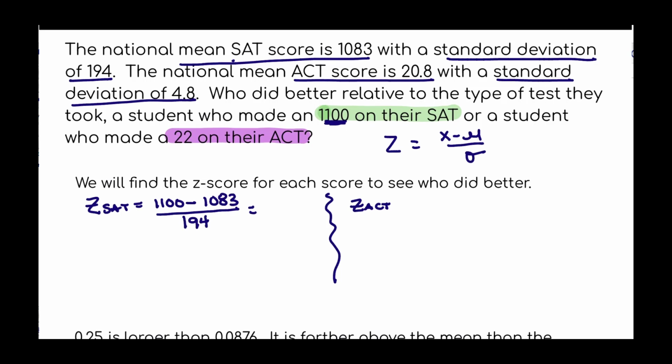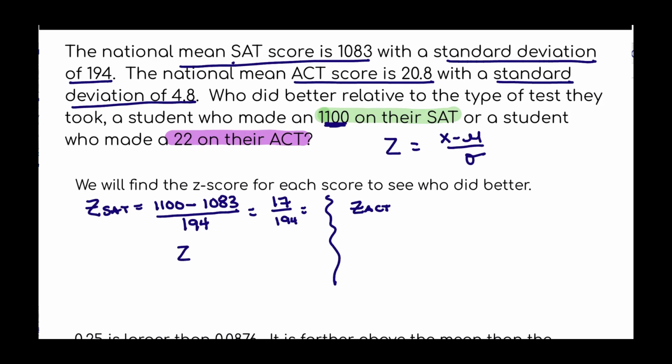So 1100 minus 1083 is 17, divided by 194. When you divide that out, the z-score for the SAT is a decimal answer. It is 0.0876.